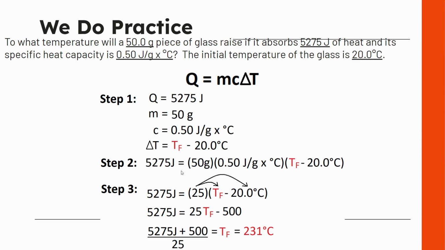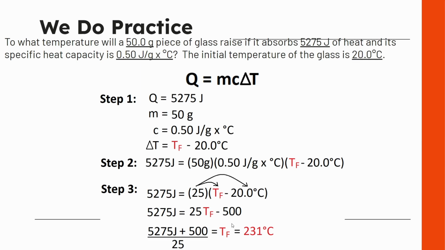So I plug all this stuff in, and then my step 3 would be to simplify. So 50 times 0.5 equals 25. I distribute to both sides of this subtraction equation on the other side of the parentheses. So 25 times final temperature, and then 25 times negative 20 would be negative 500. So I've got 5275 equals 25T minus 500.